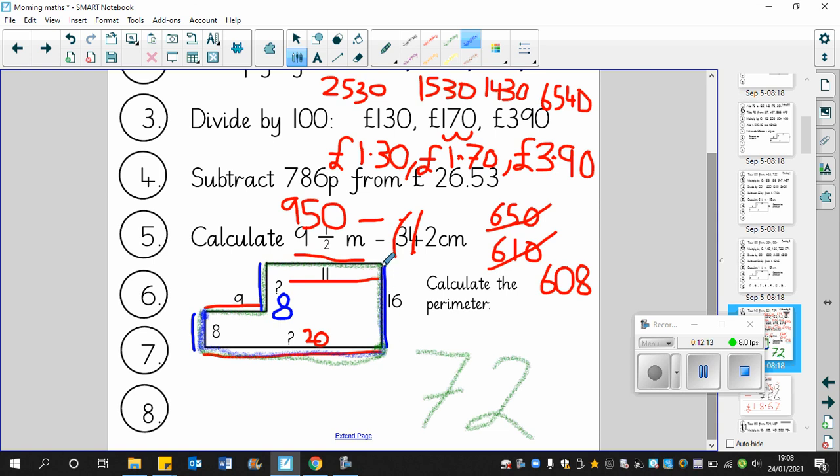Add 16, so that's 38, 44. So 44 add 11 is 55. 55 add 8 is 63. And 63 add 9 is, of course, 72. So that's good. So we can go over that with a blue. And because we've got both answers the same, that's what the answer is.